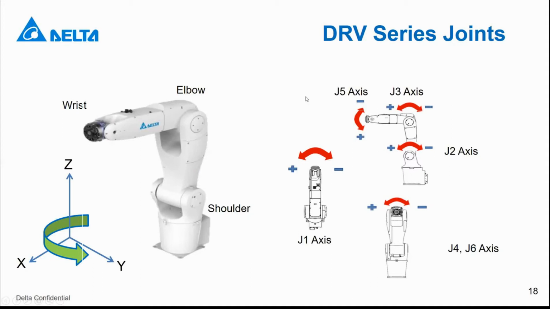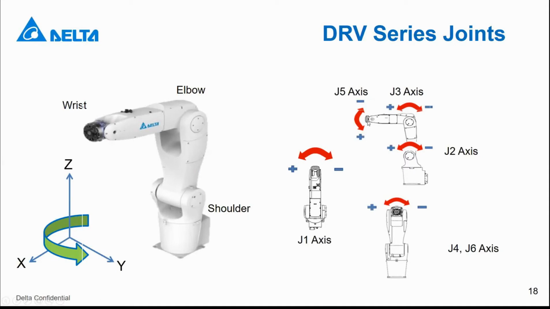On the right side, we'll introduce the axis joints. You can see the first joint is on the base of the robot, and it rotates the whole arm in this direction. Joints 2, 3 and 5 are parallel. Joint 2 is on top of the base, and joint 3 is the connection between arm 1 and arm 2.